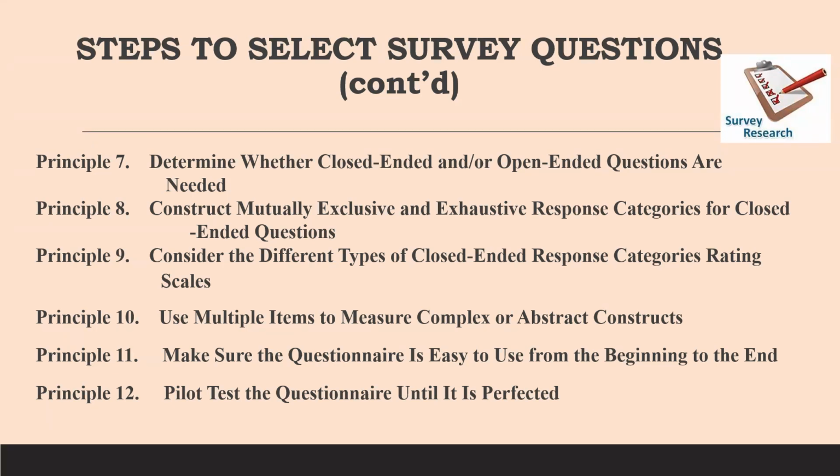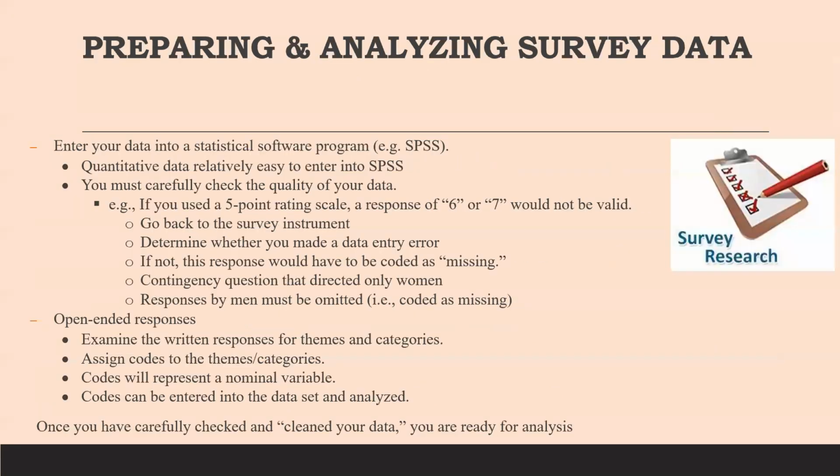You just can't go ahead and say, okay, I can use the survey from this study for my research. No, you can't do that. You have to request permission. And then when you submit your research to your professor, you have to provide a copy of that permission with your research.